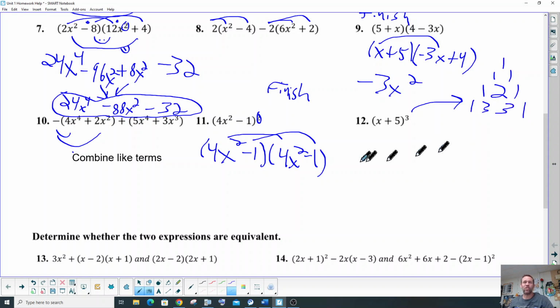So we're going to use 1, 3, 3, 1, and take x next to those numbers all the way across. We're going to do the highest power first, which is the third power.